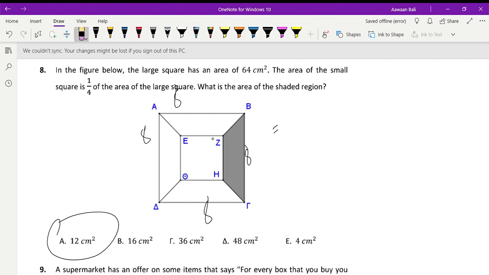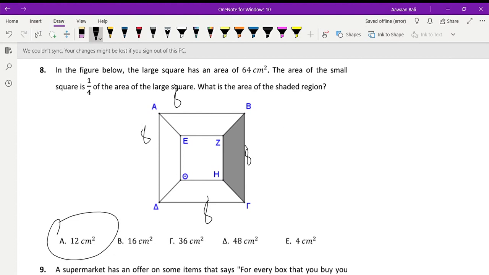You can do this by using the area of a trapezium, or you could do this by just normally minusing the 2 areas. So first we'll minus the 2 areas since it says the area of the small square is 1/4 of the area of the large square. What is the area of the shaded region?